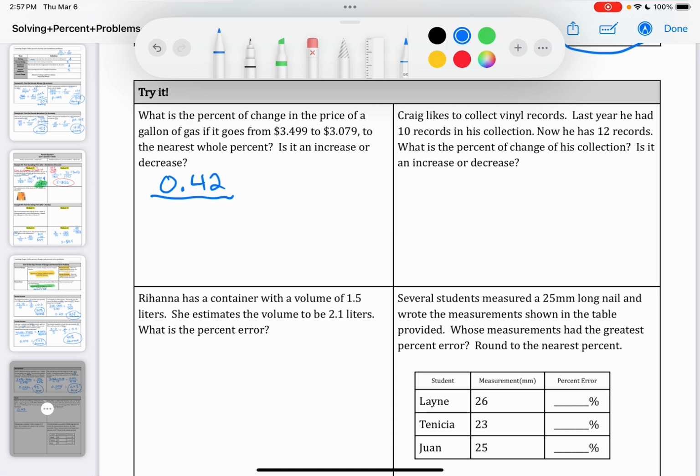Originally, it was $3.499, so we're going to divide. Okay, I got 0.12. So that will be a 12%, and it went down. So that would be a decrease.